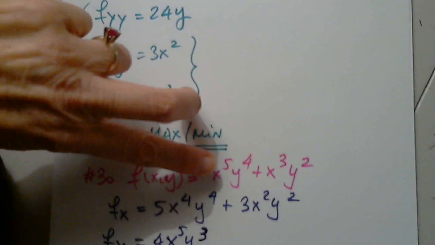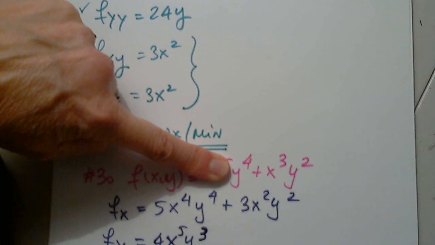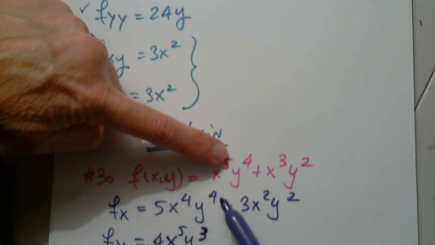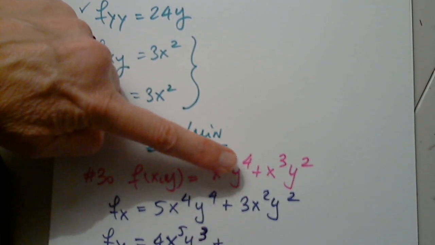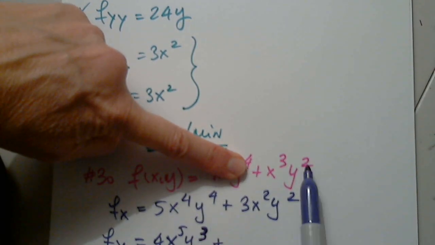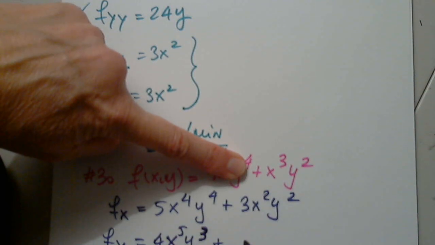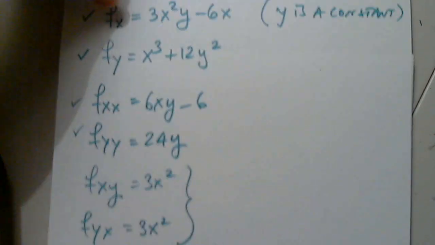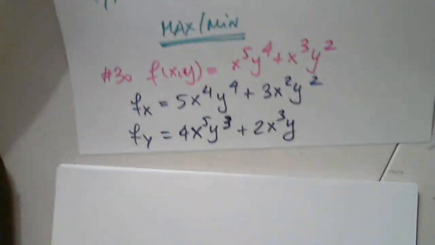We're differentiating with respect to y. 4y to the third. So why did x change? It didn't. I copied x to the fifth. Oh, I see. Okay, sorry. No worries. Plus 2, x to the third y. That's it. Awesome. Okay. Perfect. Now we want fxx.